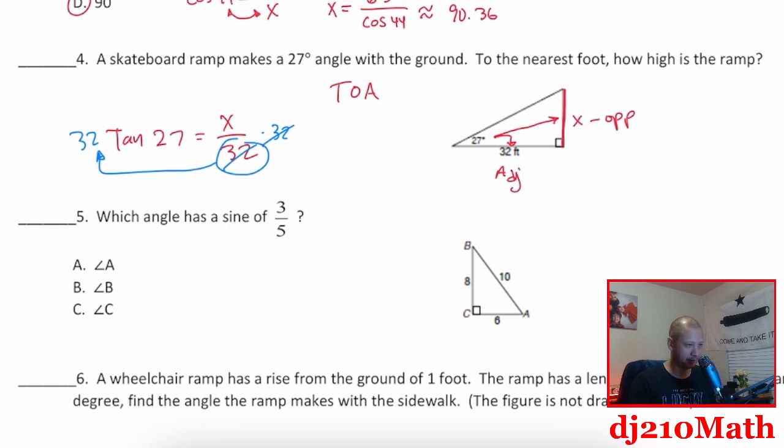So now this is straight to the calculator. 32 tangent 27. And this is 16 if we round it. 16 feet. Right, approximately 16 feet.